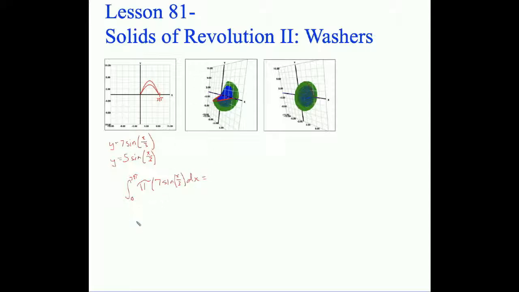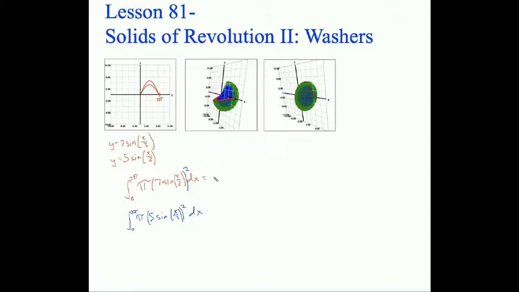And then we could have found the volume of the other one, and that would have been the same idea, but from 0 to 3 pi. I forgot something up here. I forgot a squared. So we got pi times 5 sine of x over 3 squared dx.